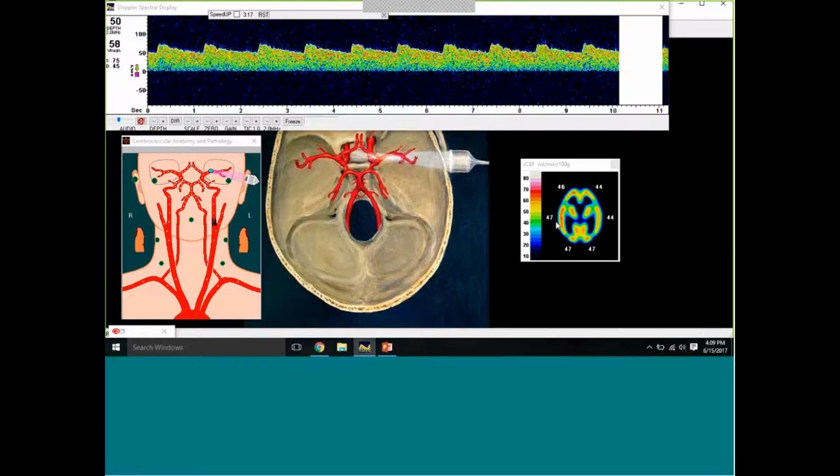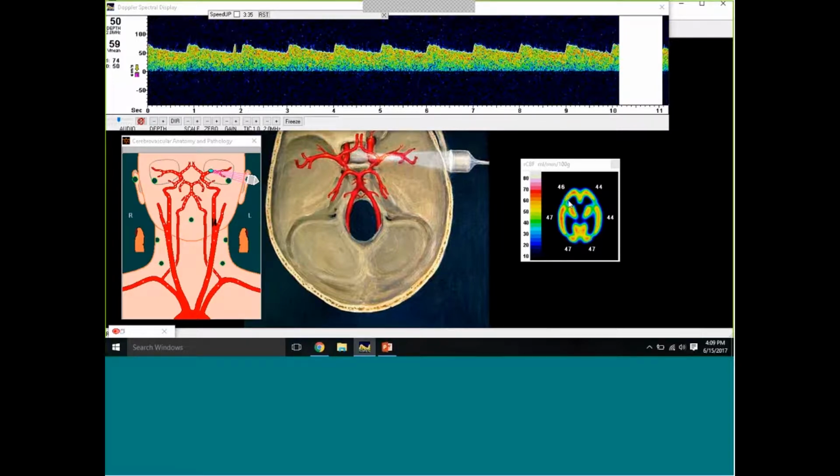Now, why is there a difference on this side? Because I have in here a 90% occlusion. I did that purposely to show you that even though there's 90% occlusion here, the flow still looks pretty good. It's like, okay, we're not going to have a stroke.